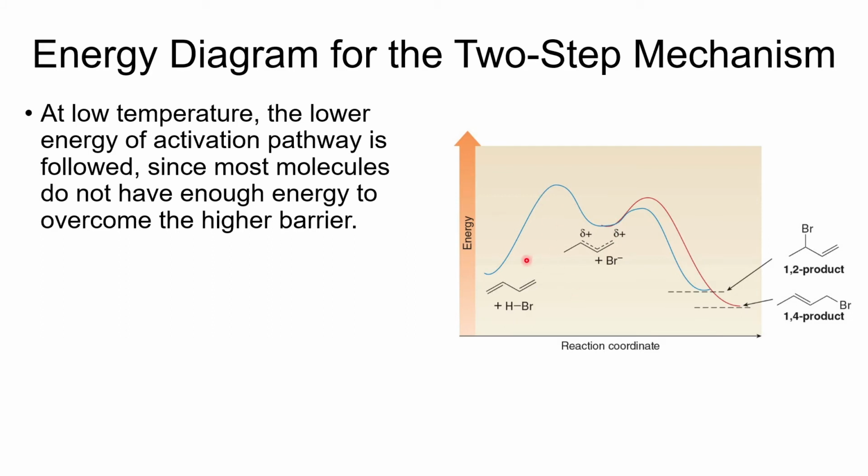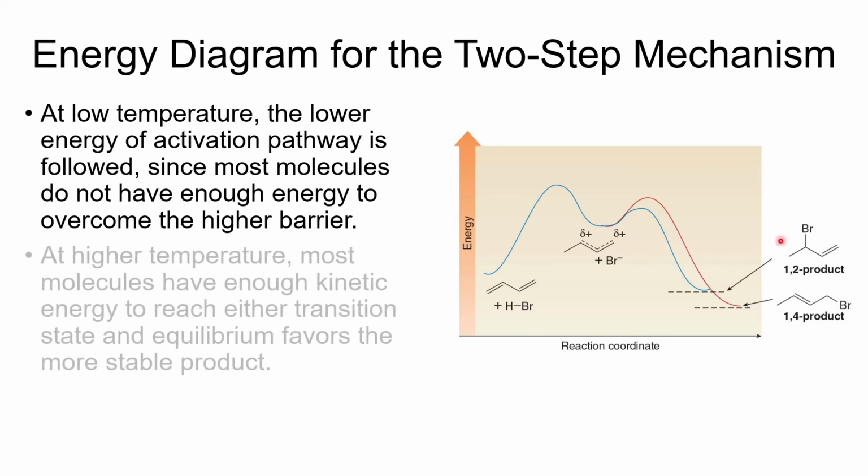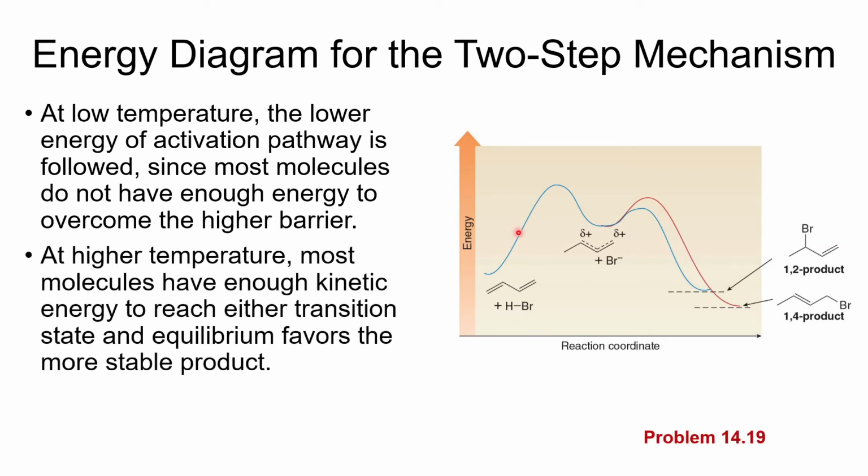And so once the molecule has formed the carbocation, then it's a relatively small difference between these, which is why we still get a significant amount of the 1,4 product, even at low temperatures. But that higher activation barrier does slow down that pathway at low temperatures, meaning that we get more of our kinetic product than we do of our thermodynamic product. So at low temperatures, it goes over the lower pathway. At high temperatures, it goes to equilibrium.